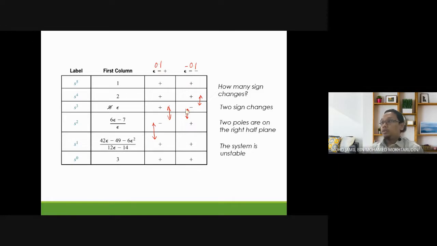Since both positive epsilon and negative epsilon produce two sign changes, you will have two poles located on the right half plane of the S plane, and this means that the system is unstable.